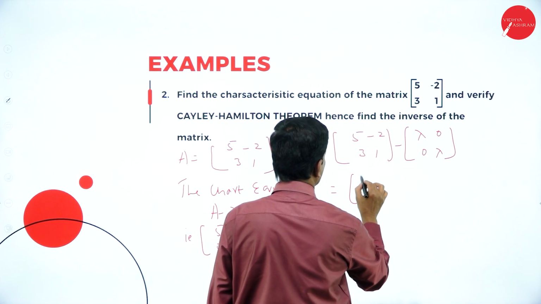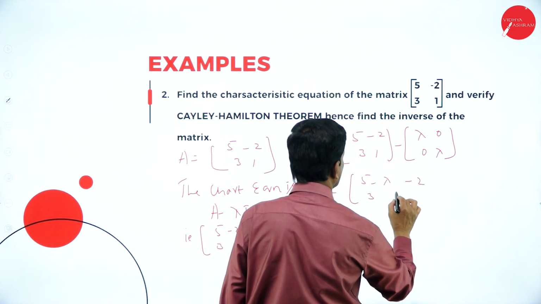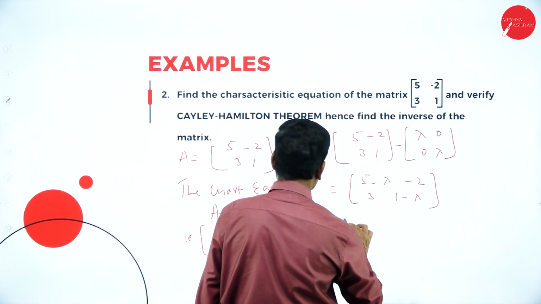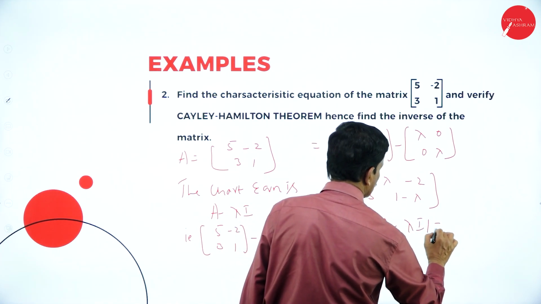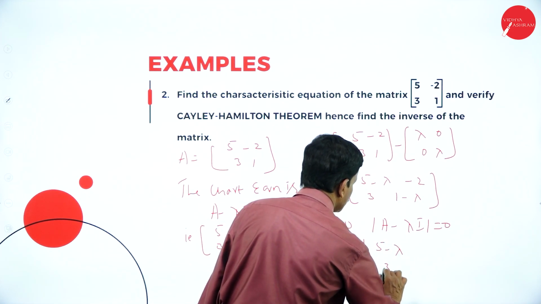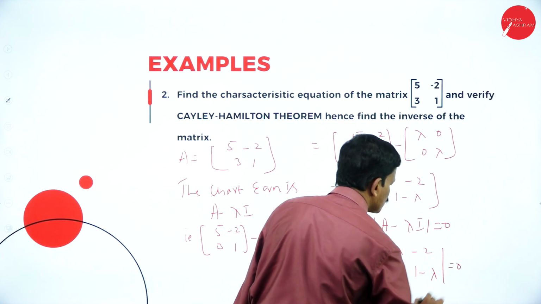That's equal to 5 minus lambda, minus 2, 3 minus 0 is 3, and 1 minus lambda. So now the characteristic equation: determinant of A minus lambda I is equal to 0. That is the determinant 5 minus lambda, 3, minus 2, 1 minus lambda is equal to 0.